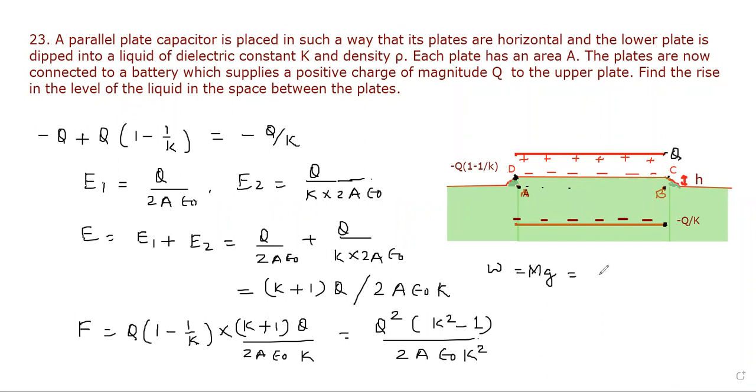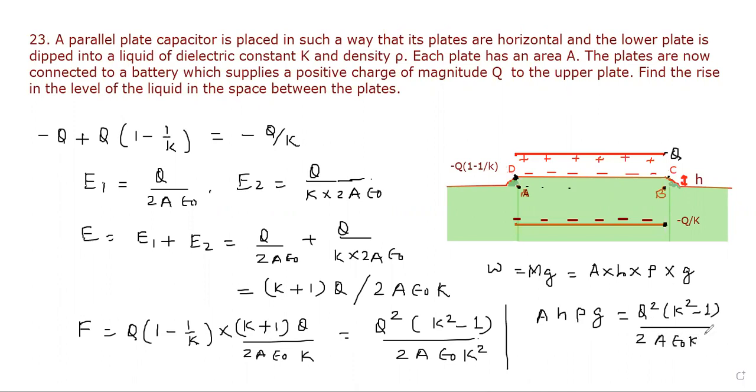So here it will be A into h, area of the plate is A, and height raised by the liquid is h, into density, which is rho times small g. So this weight must be equal to the force upward to make it in equilibrium. So we can write A h rho g equal to Q square times K square minus 1 divided by 2A epsilon naught K square.